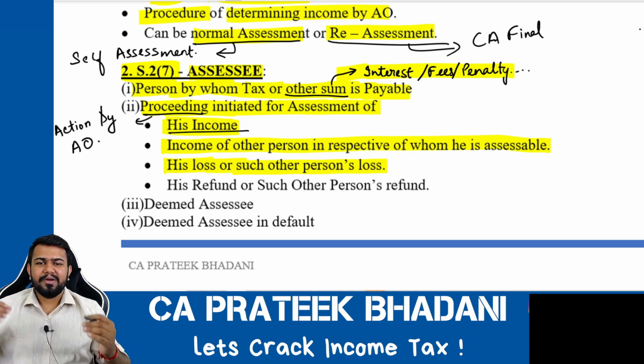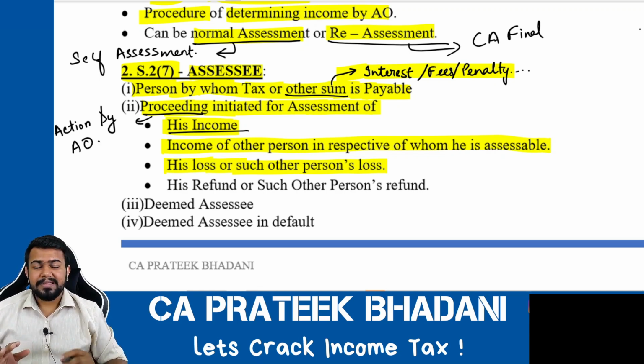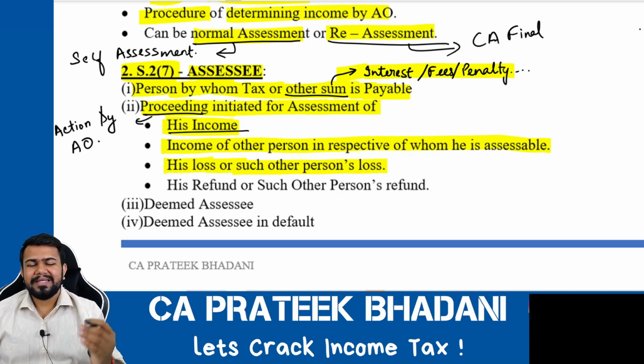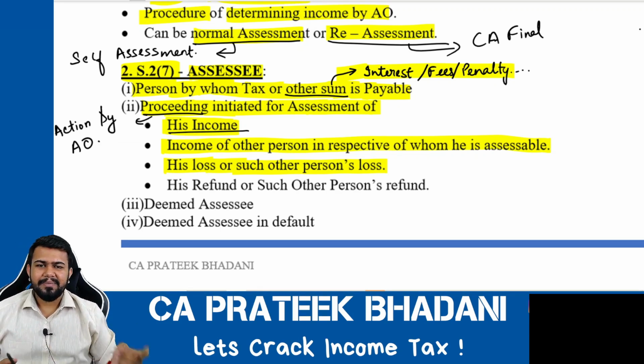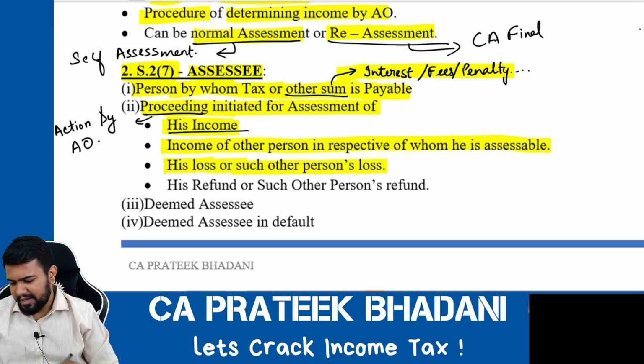Sometimes I might not disclose my income. Sometimes I can also overstate my loss. If I do not disclose my income, the income tax department will come after me. Next case: if I overstate my loss, in such case also the income tax department will come after me.